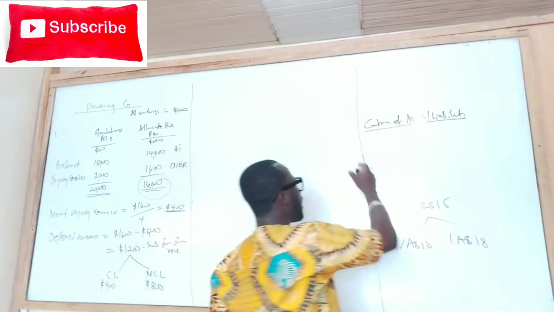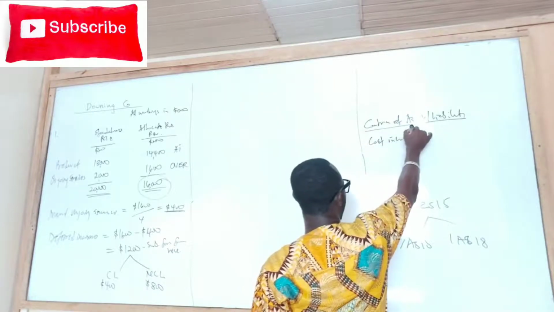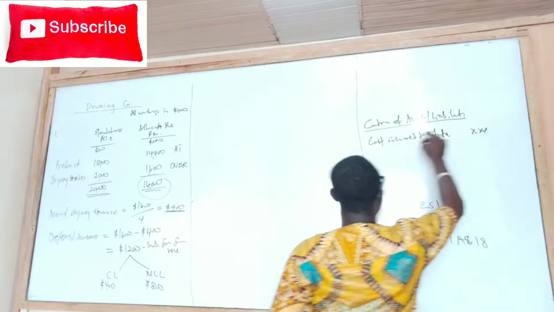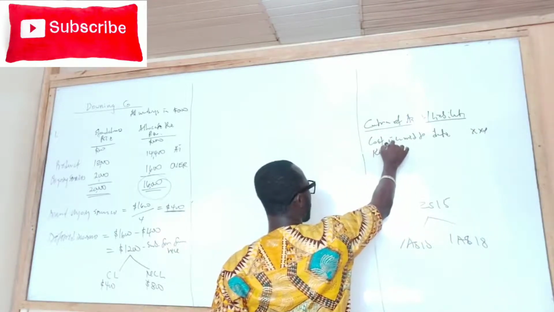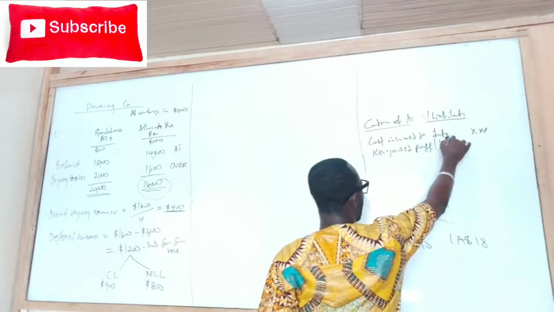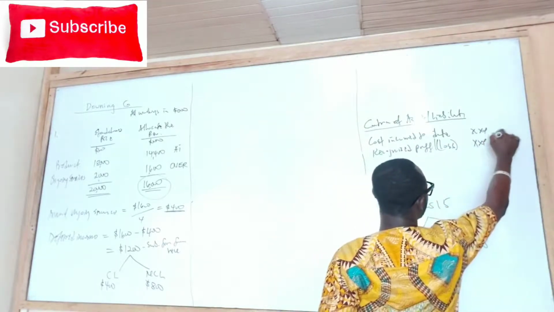You're going to be bringing first what we call the cost incurred to date. Then you're going to be bringing what we call recognized profit or loss. If it is a profit, you add. If it is a loss, you subtract.